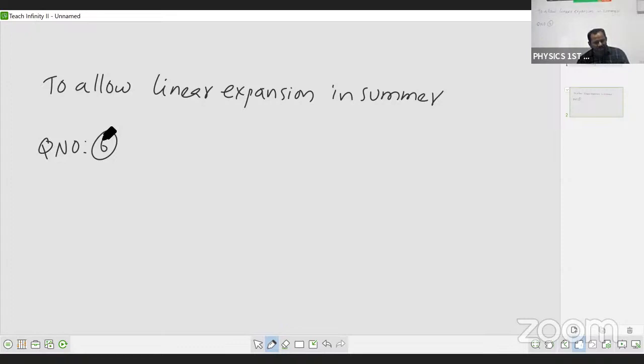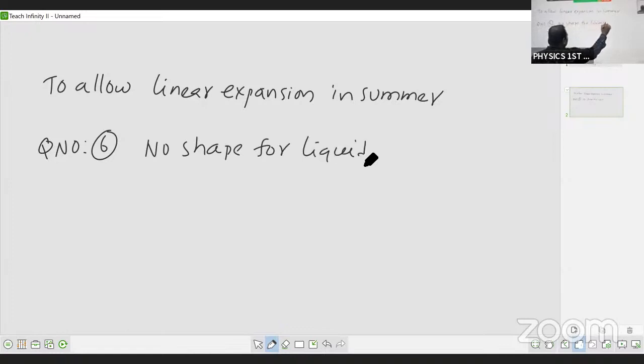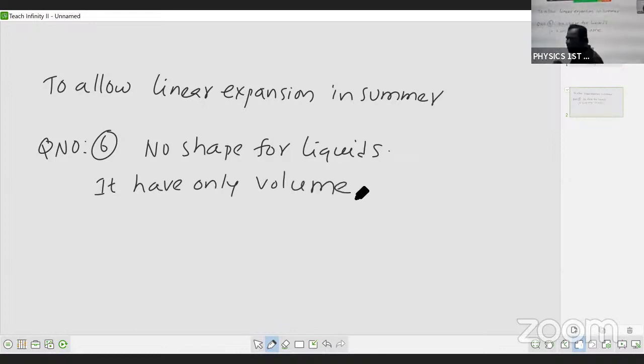That's why only volume expansion is there. Which one is absent? Shape. No shape for liquids, only volume. Enough.